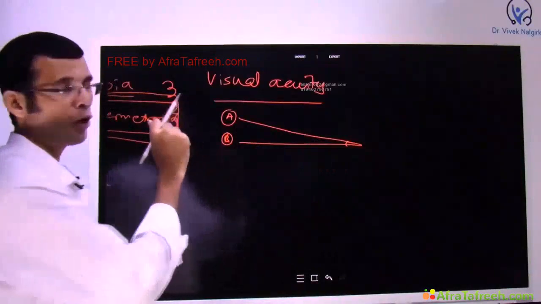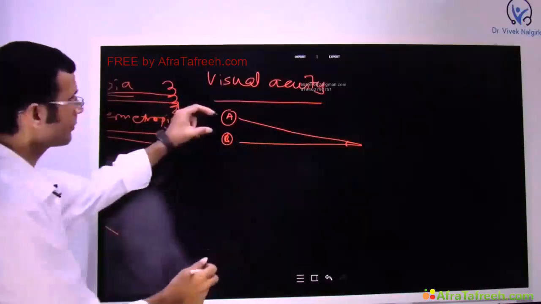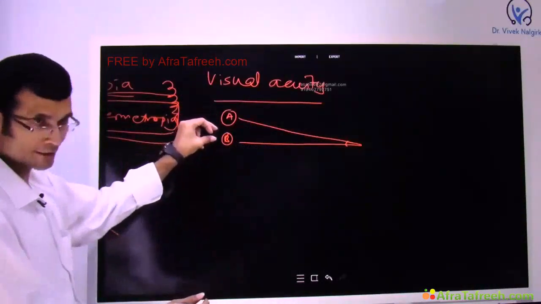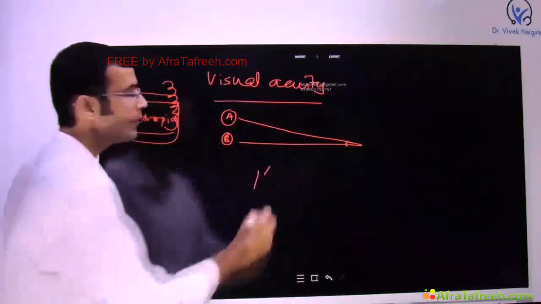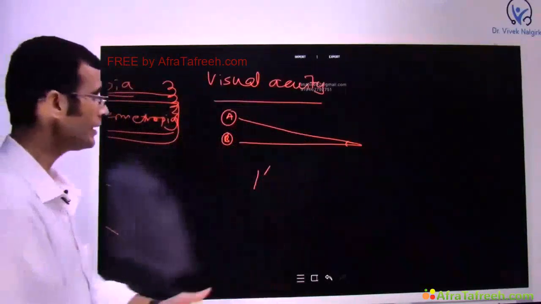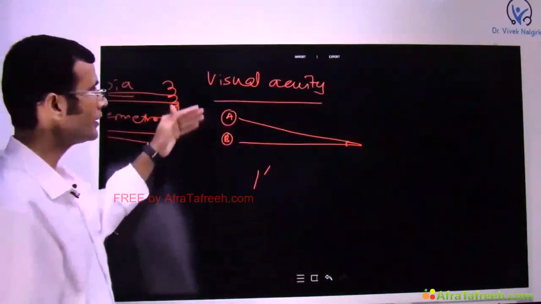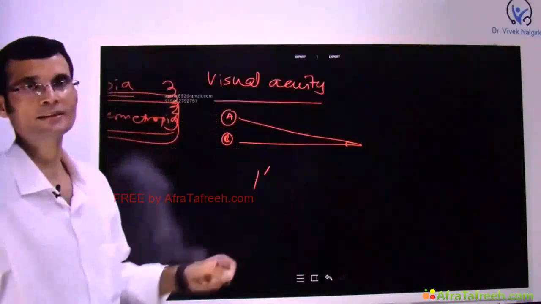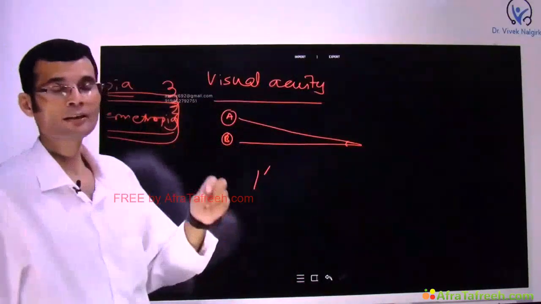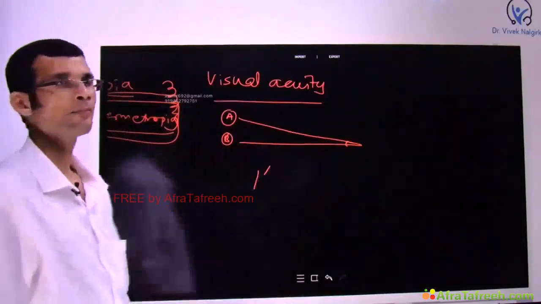If the two objects subtend an angle of 1 minute, meaning they are separated by such a distance that they subtend an angle of 1 minute or more than 1 minute, then those two objects can be seen clearly. So a minimum of this much distance is necessary. They have to subtend this 1 minute angle at the nodal point of the eye.